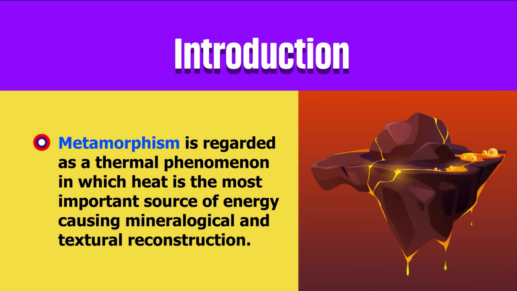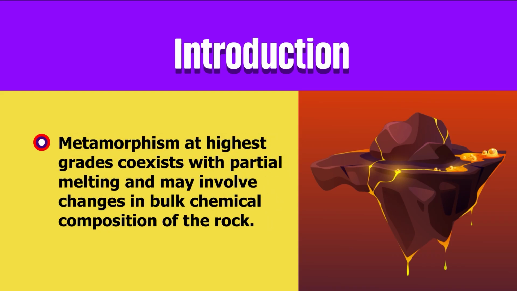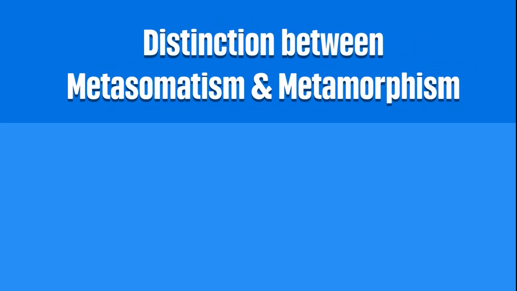Metamorphism is regarded as a thermal phenomenon in which heat is the most important source of energy, causing mineralogical and textural reconstruction. Metamorphism at highest grades coexists with partial melting and may involve changes in bulk chemical composition of the rock. What is the distinction between metasomatism and metamorphism?